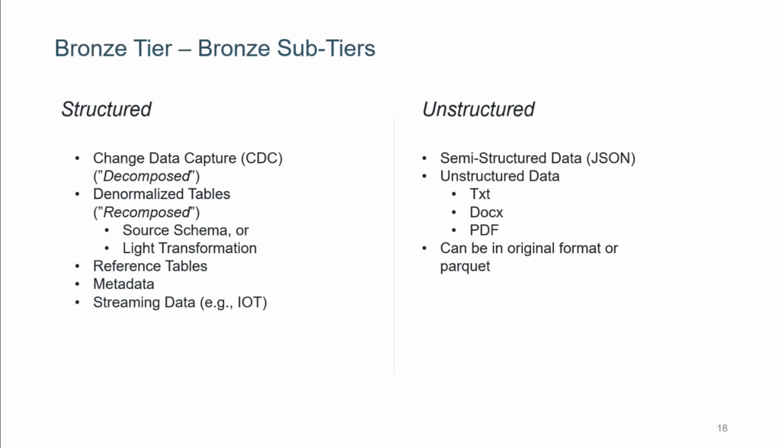So I would refer to that as being a decomposed table. The original table would be composed, and then when you decompose it into tracking the changes over time, now you've introduced a new level of complexity. That complexity is a cost, but the benefit to it is new opportunities for analysis. So in your bronze tier, you can land that decomposed table to track the changes over time.